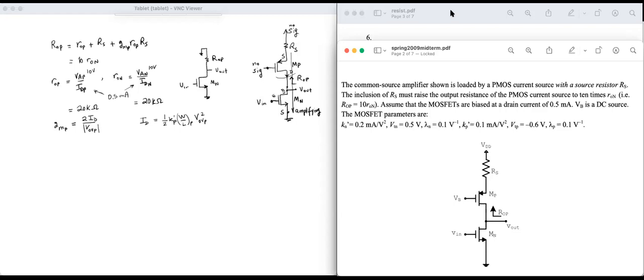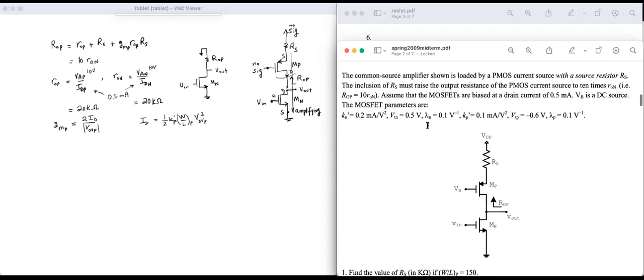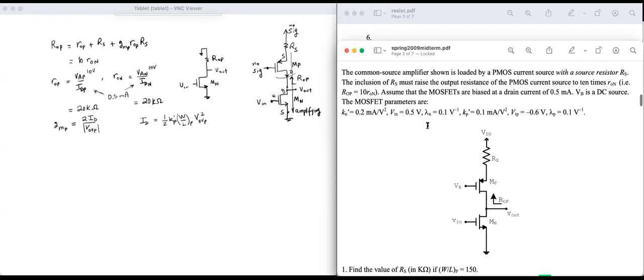I don't have W over LP. Let me scroll down. It's okay. So the question is find RS if W over LP is 150. Actually, I know what this is. So this is 150. That's W over L for MP. K prime P is given, 0.1 milli.